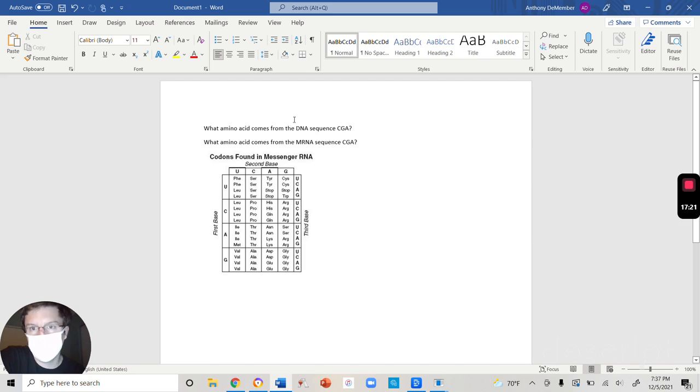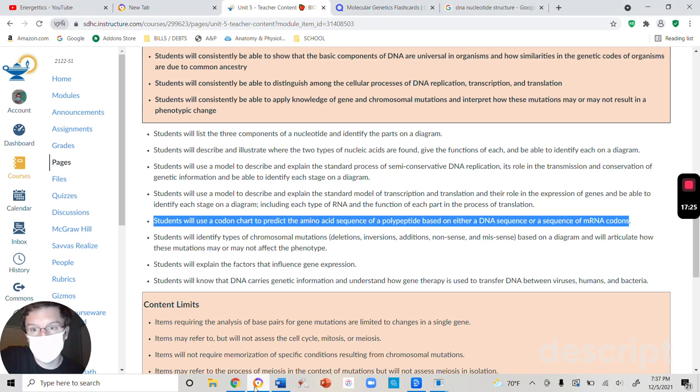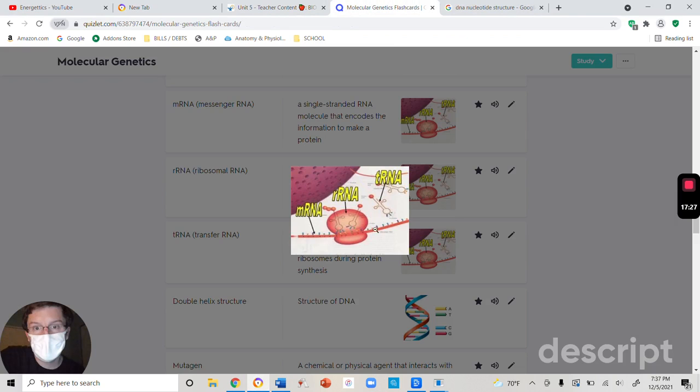The DNA is not what is generating your amino acid. So for example, look at this. We're not getting our amino acids to form proteins from a strand of DNA.